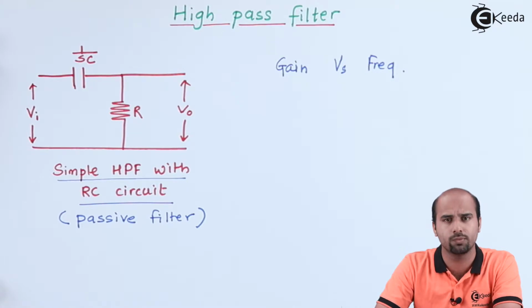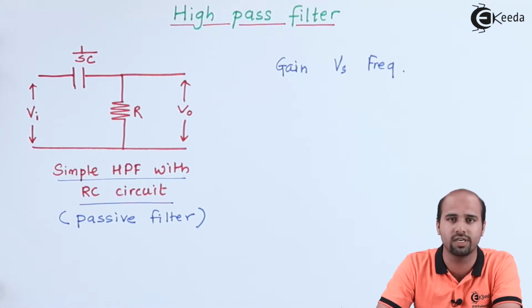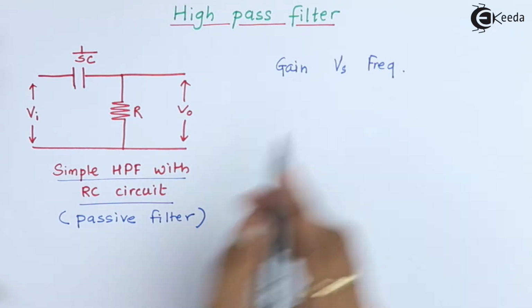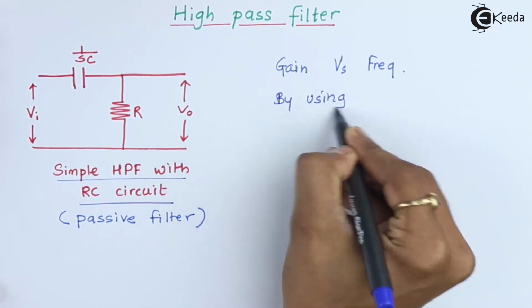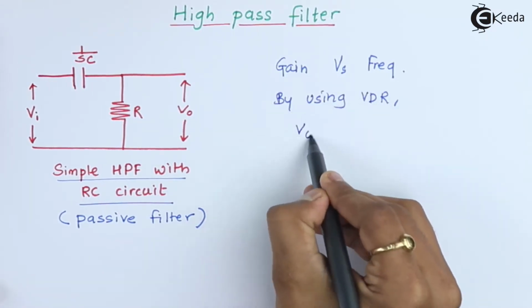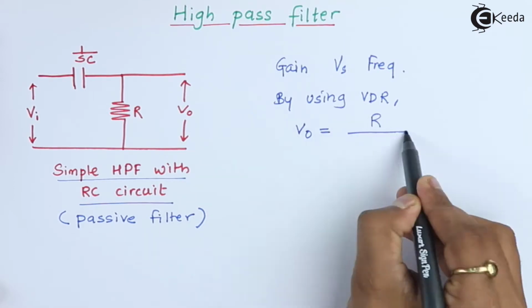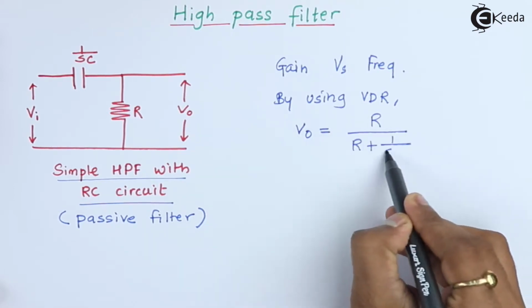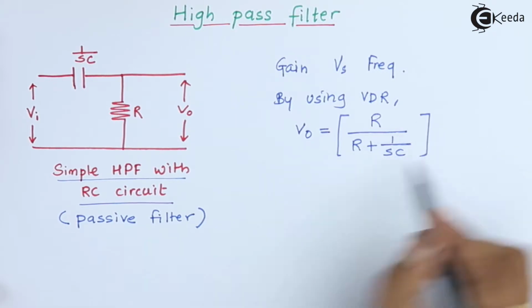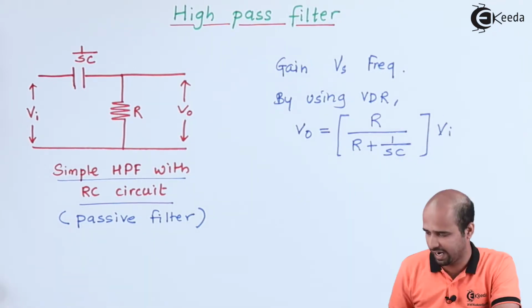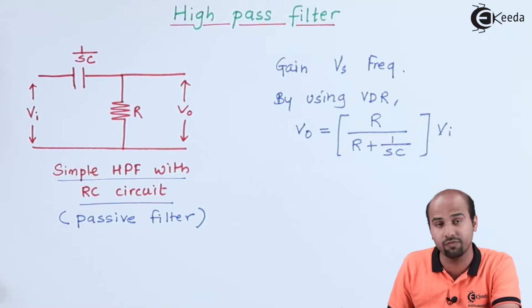So we will use the voltage divider rule, that is VDR, to get the value of VO in terms of VI. And this is all in frequency domain.